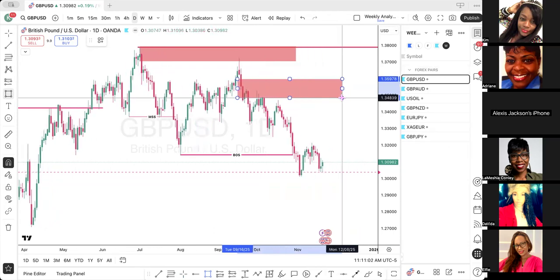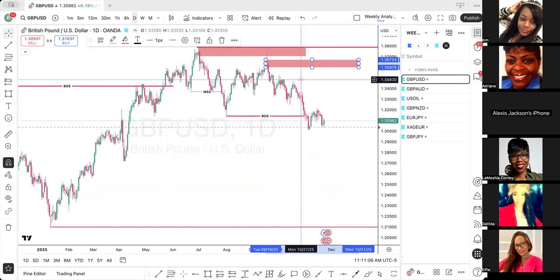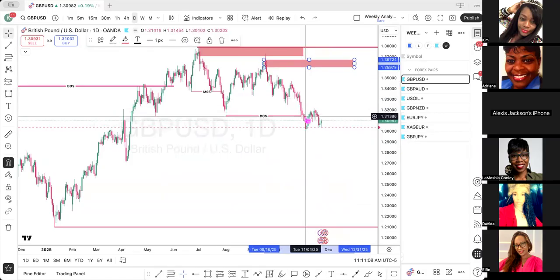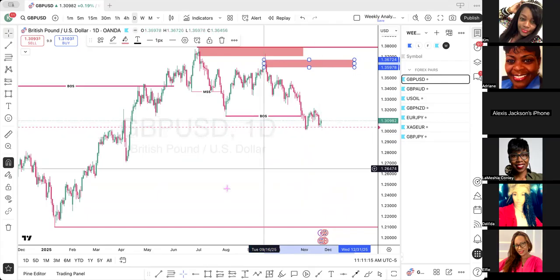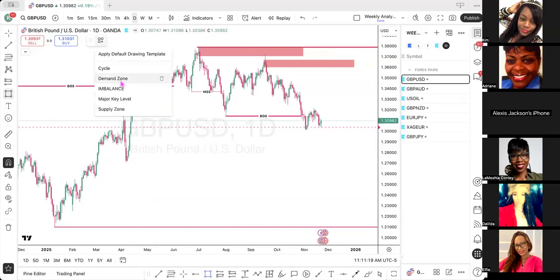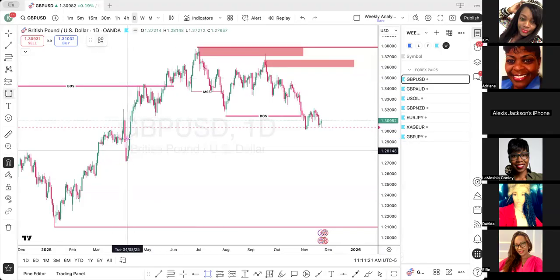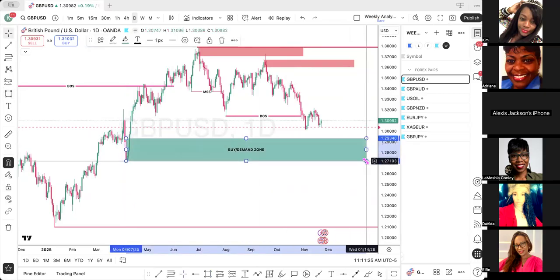Okay. So now we have a new supply zone. This is our supply zone. We have this break of structure. Price is still possibly selling down. I would be looking for price to sell down into this demand zone, possibly before pushing back up.